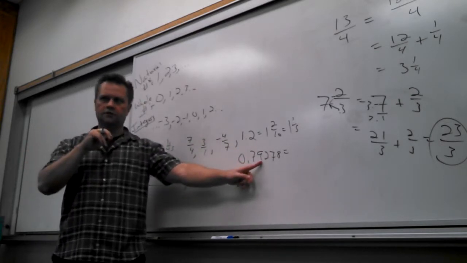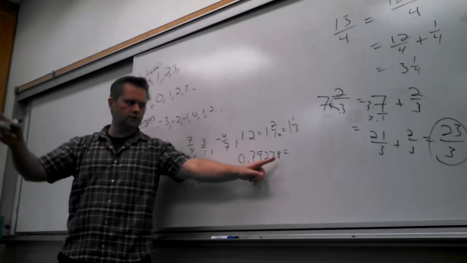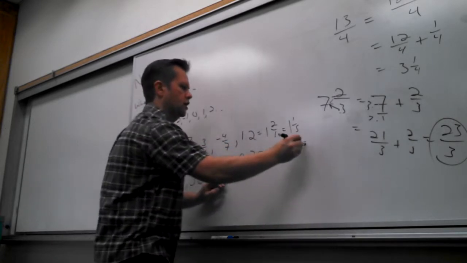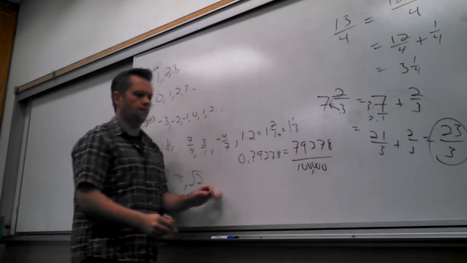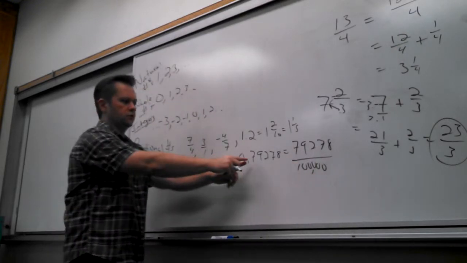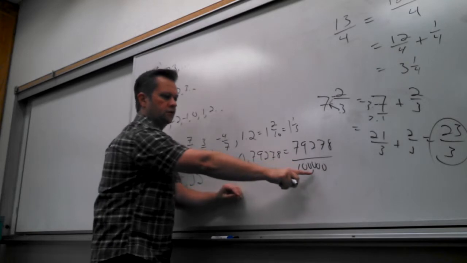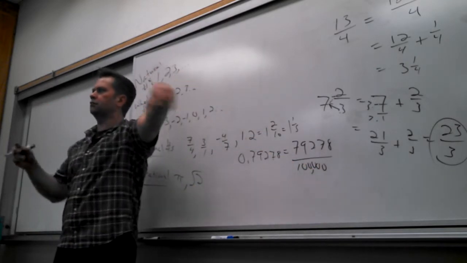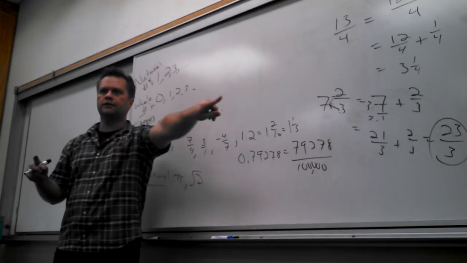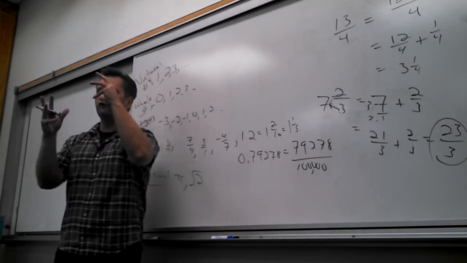Tenths, hundredths, thousandths, ten-thousandths, hundred-thousandths. So you say 79278 divided by 100,000. How many numbers are here? 1, 2, 3, 4, 5. How many zeros did I put? 1, 2, 3, 4, 5. So if the decimal stops in the 87th place, you could put it over 1 followed by 87 zeros. So it would be a fraction.